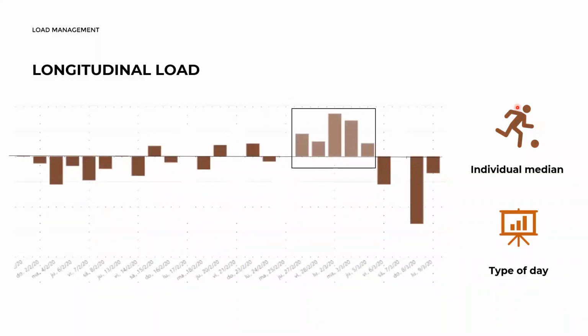And if we select a specific player, it's easier to understand how the individual load was. For example, in this specific case, this player had 5 consecutive days of higher load than himself for each specific type of day.